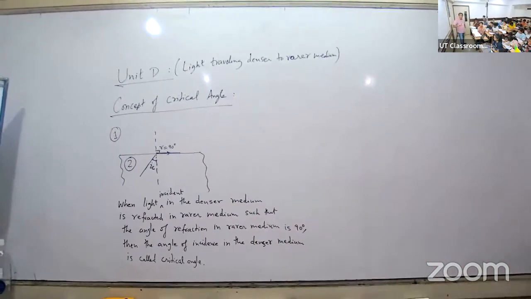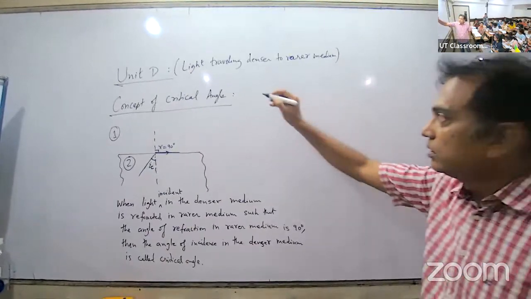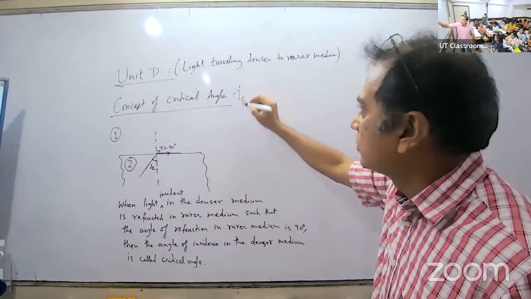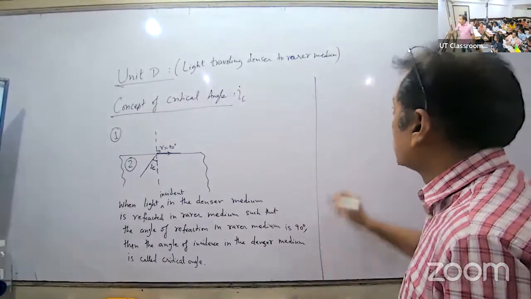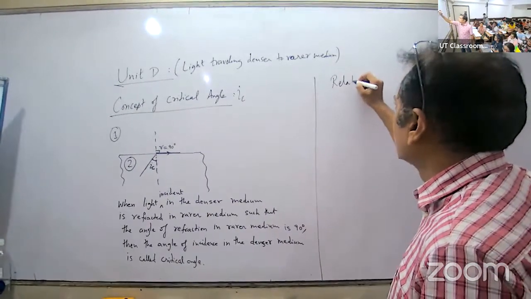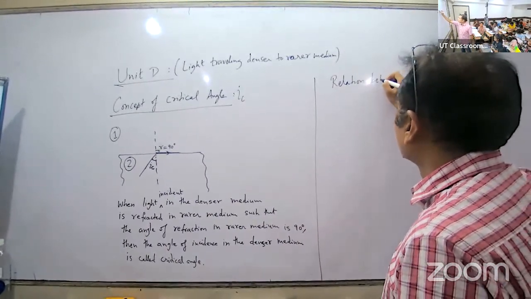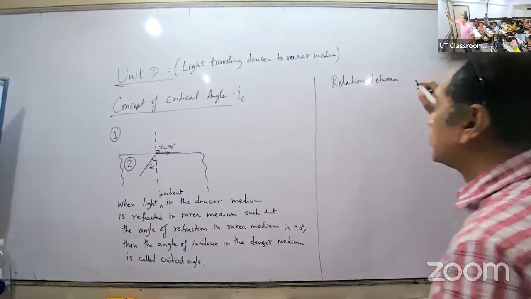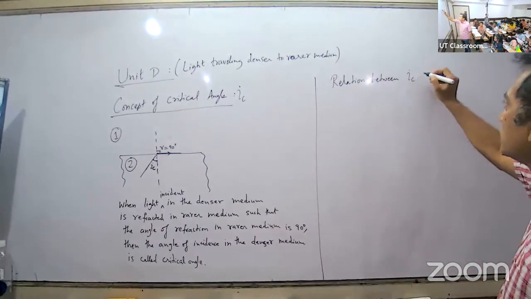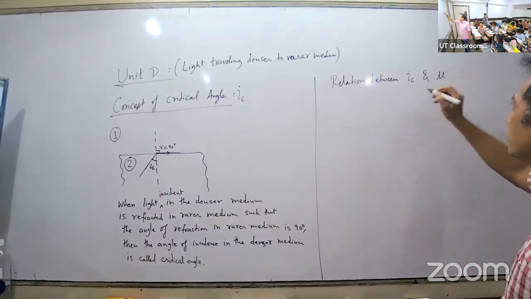Okay. So having understood what is critical angle, its symbol is IC. So relation between IC and mu.